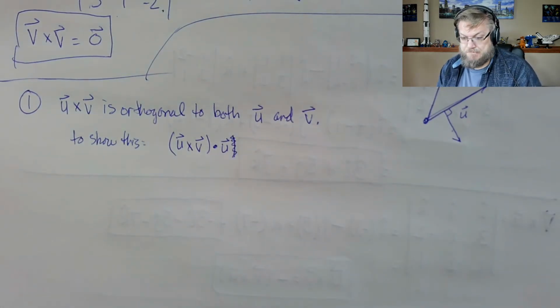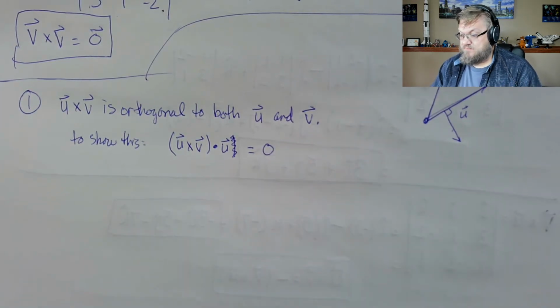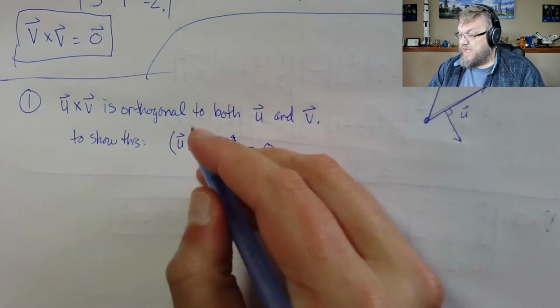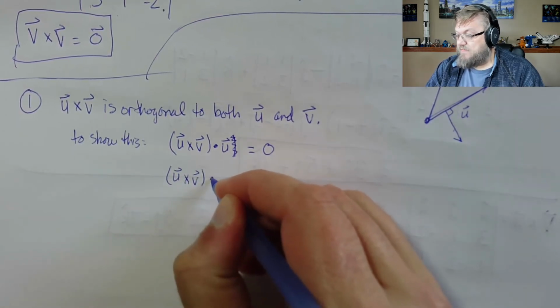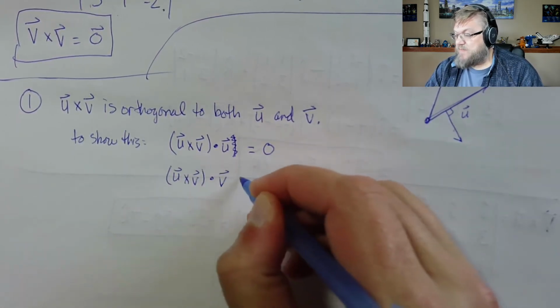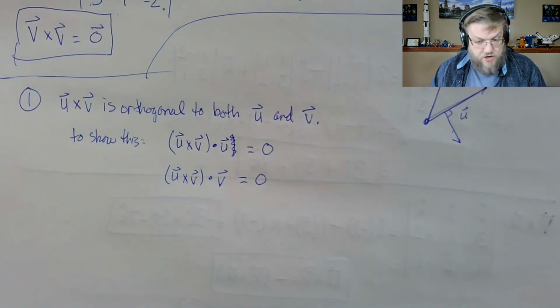Okay, like that. All right? See that? And what I would like to show is that this gets you 0. Then I would take the same vector u cross v and dot it with v. And that better equal 0 when it's all said and done. And you can go ahead and check that.